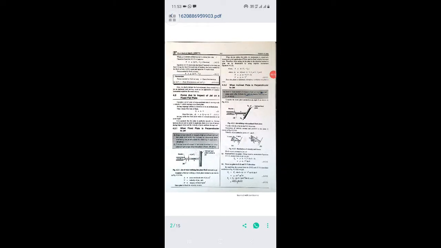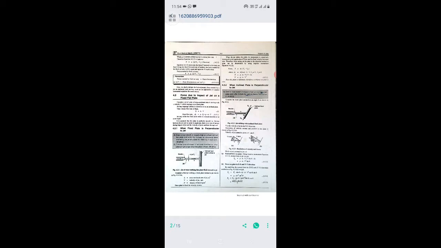Force due to impact of jet on a fixed plate. Consider a jet of water having cross-sectional area a moving with velocity v. The mass flow rate is rho a v, that is density into area into velocity. The jet may strike a fixed plate in the normal direction.